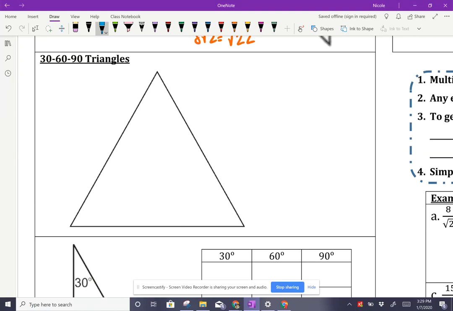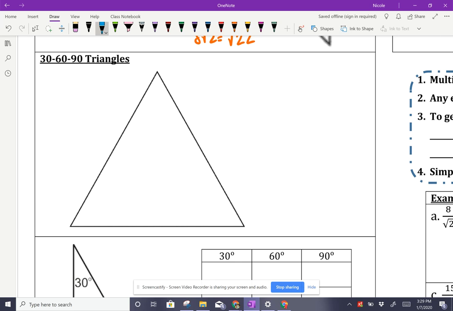All right, with 30-60-90s, these are our other special right triangles that we're learning about. So these occur if we take an equilateral triangle and create an altitude. We kind of talked about altitudes in chapter 5, and we also talked about altitudes with equilateral triangles.